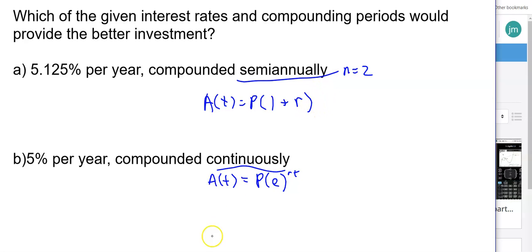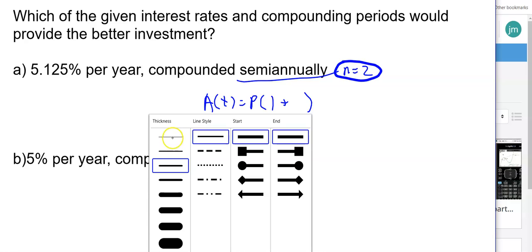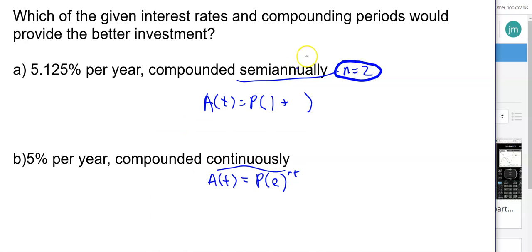Oh, guess what? This formula is a little more complicated. So you'll need a new formula when n is not 1. So if n is 1, you can use the old formula. This will replace the old formula, which still works if n is 1 as well, to the power of nt.